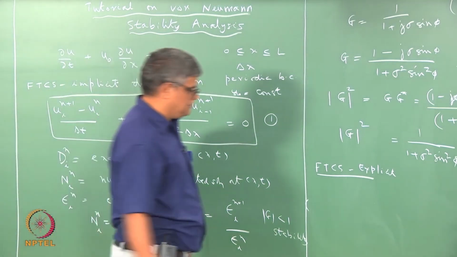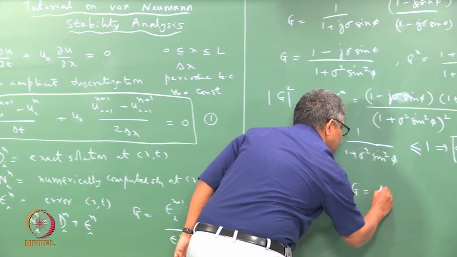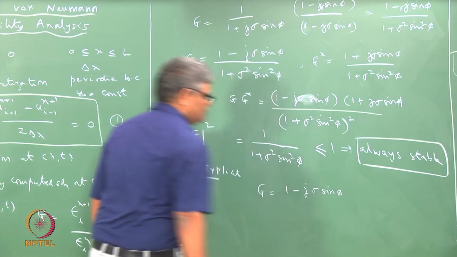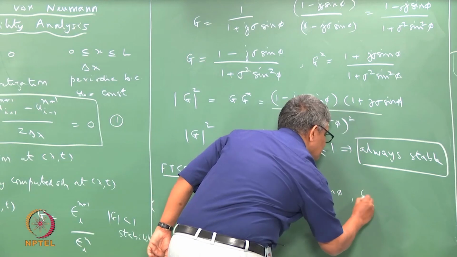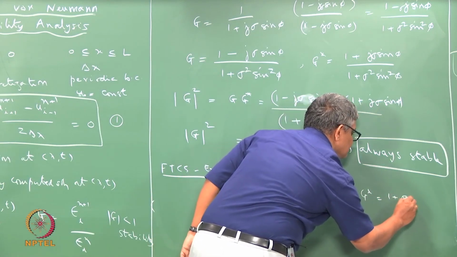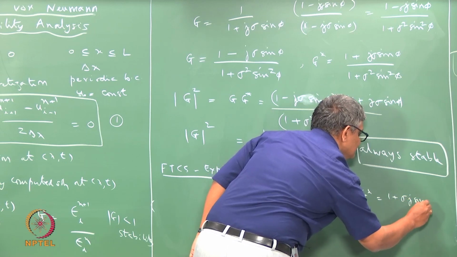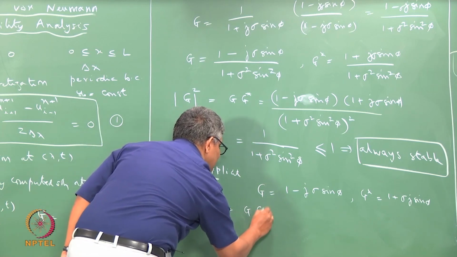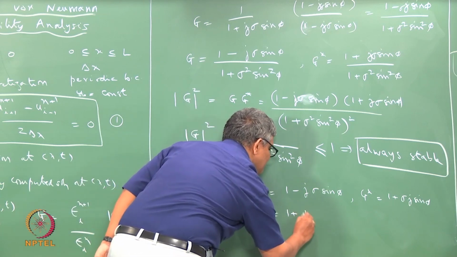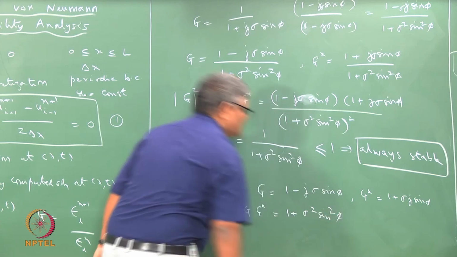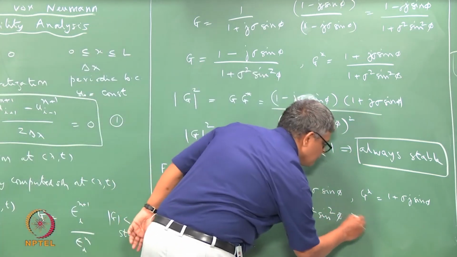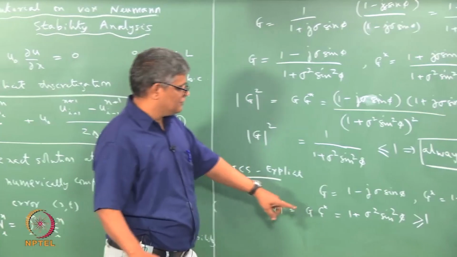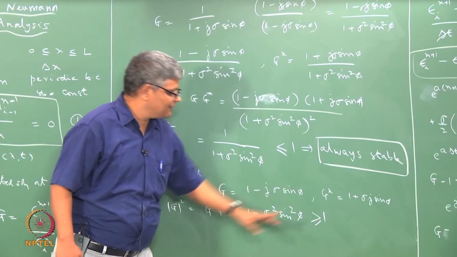Then we have seen that G in this case is equal to 1 minus j sigma sin phi, and therefore G star is 1 plus j sigma sin phi, and therefore the square of the modulus is G times G star, and that is equal to 1 plus sigma square sin square phi, and this is always greater than or equal to 1, okay, and except for the special case of phi equal to 0 or 180, this is greater than 1.